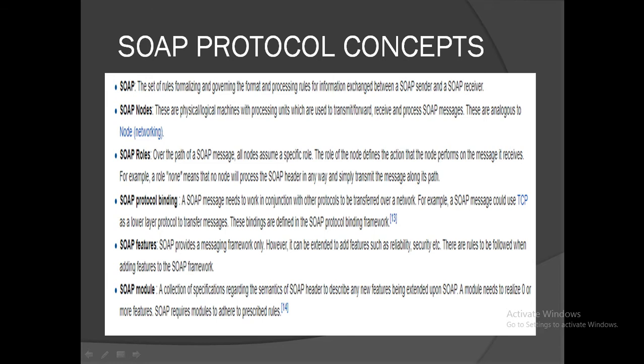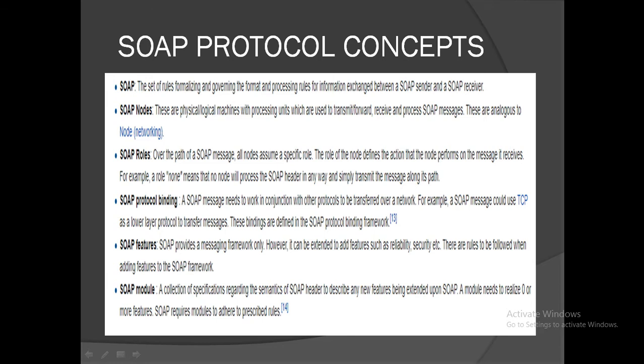SOAP protocol binding and SOAP features. Let's talk about the protocol binding. Basically, SOAP needs to be used in conjunction with other protocols to be transferred over the network. For example, a SOAP message could use TCP as a lower layer protocol to transfer messages. In the OSI model, when we learned about it, there were 7 layers, and in those layers there are some sublayers, and TCP is a lower protocol for transfer.